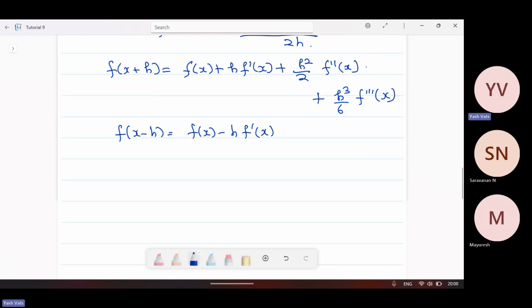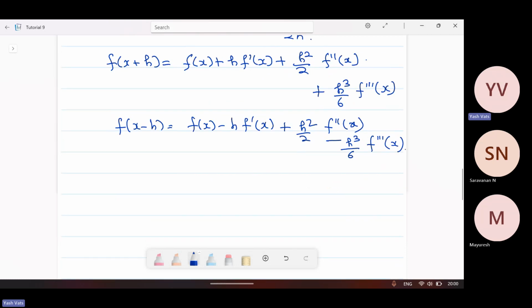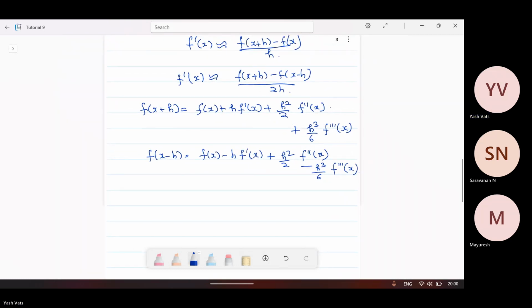Just replace h by minus h. Now, what is the truncation error? You just do the same thing.